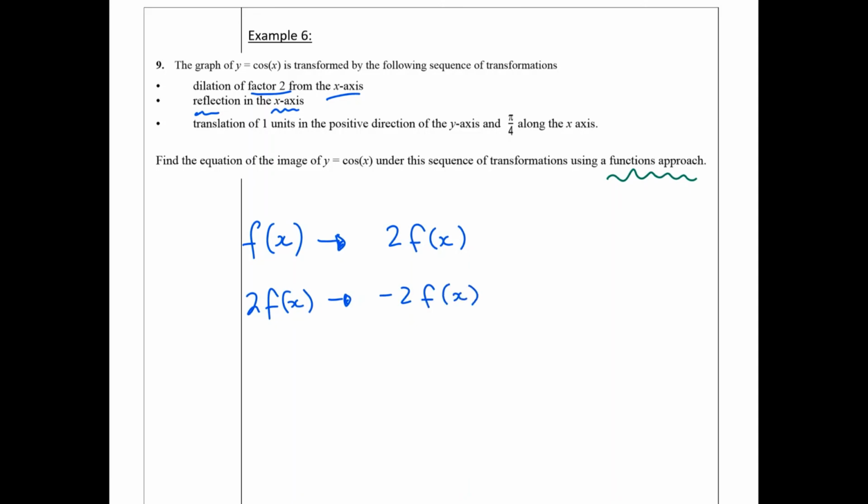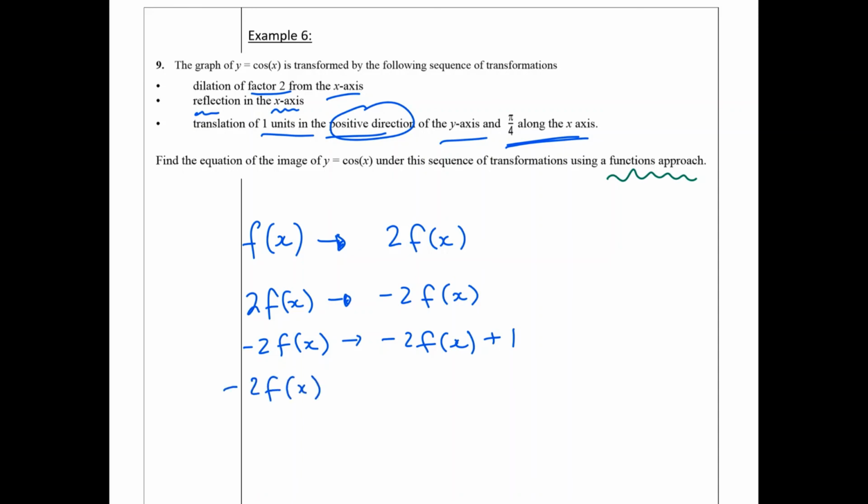And 1 unit in the positive y, well, negative 2 f of x should become negative 2 f of x plus 1. And pi on 4 along the x-axis, so let's say that's also positive direction, then negative 2 f of x plus 1 should become negative 2 f of x minus pi on 4 plus 1.